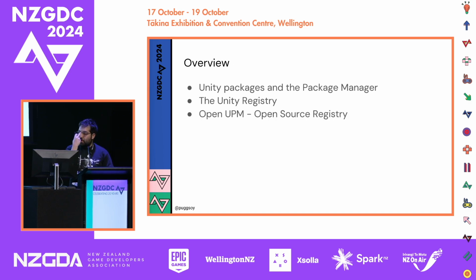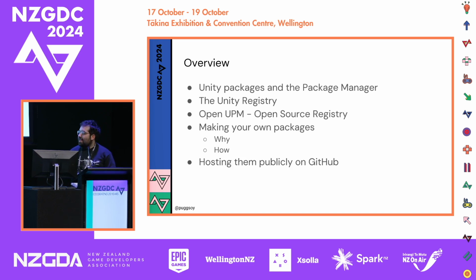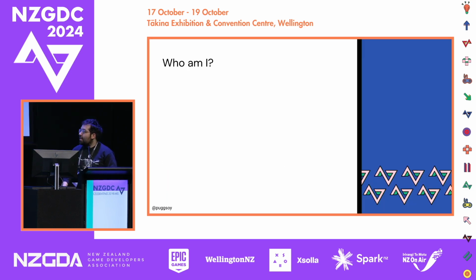An open source version of that's made by just third parties. How to make your own packages, why you would do that, how you do that, and then hosting them publicly on GitHub, and also how to host them privately on GitHub, which I think is the main. That's something that I kind of had to figure out myself a little bit. So that's kind of where it's all leading to.